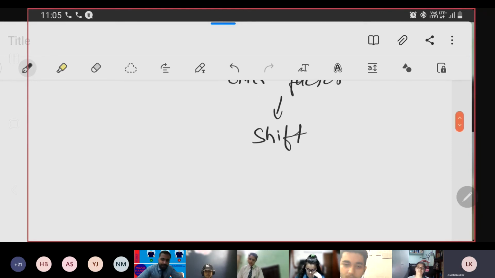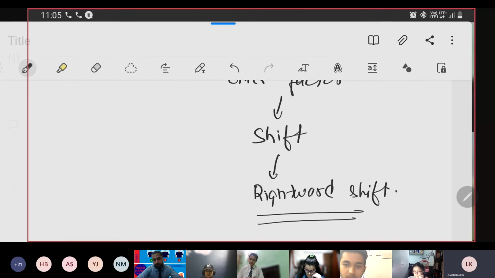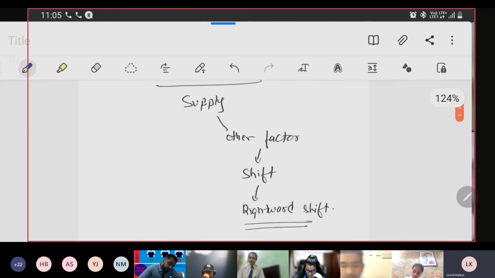Since there will be an increase in supply, it means there will be a rightward shift in supply curve. Clear? This much is clear. So before framing any answer, you need to do this. Let it be your rough work. This will help you identify what the exact problem is and how to frame your answer.